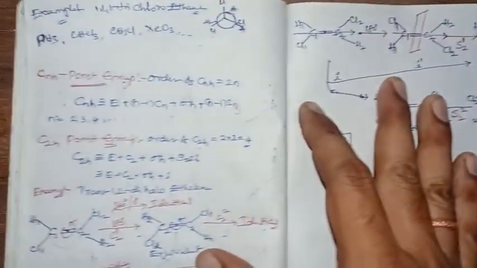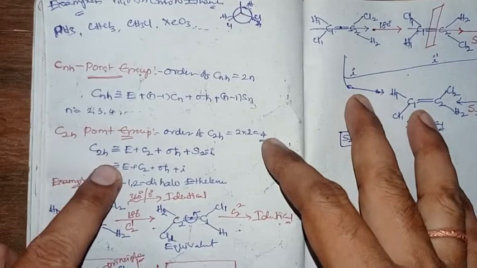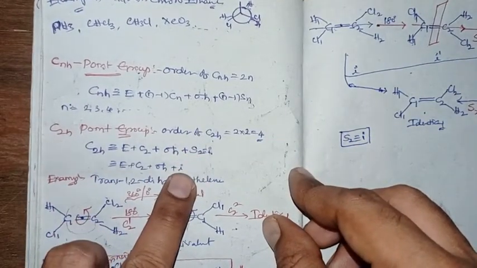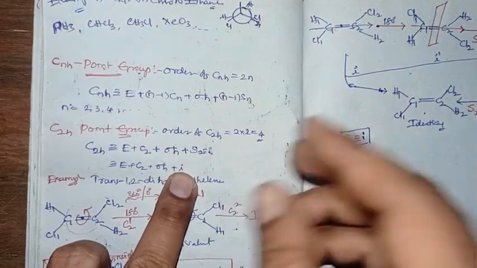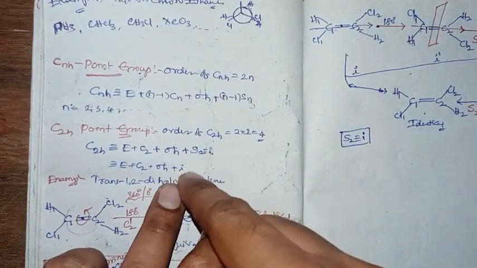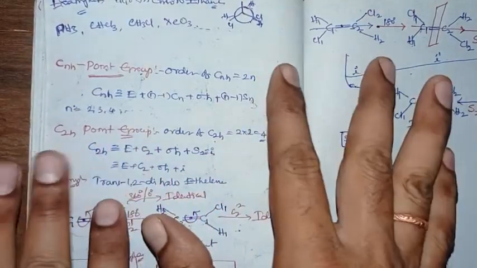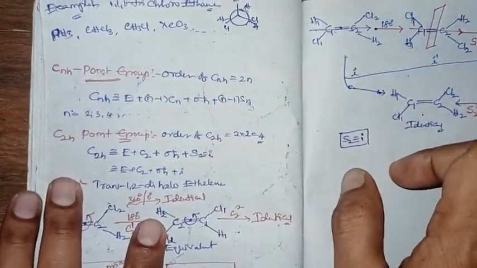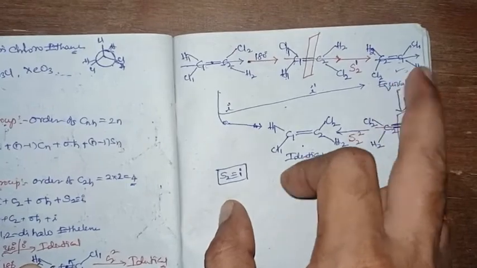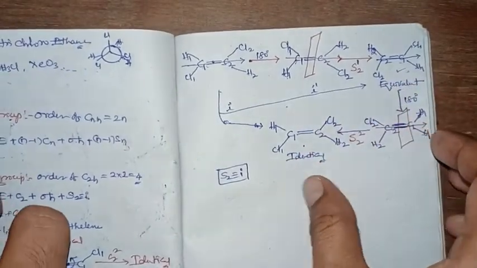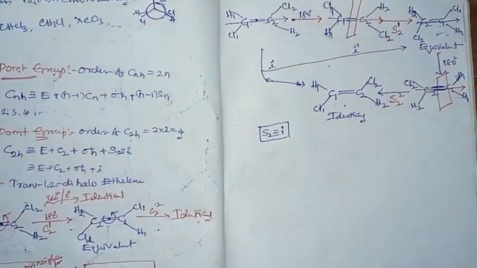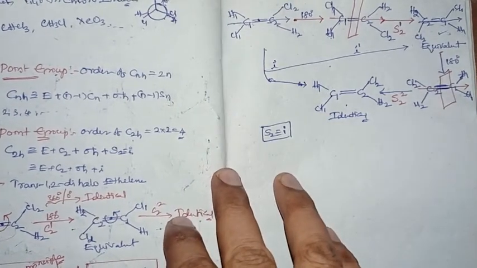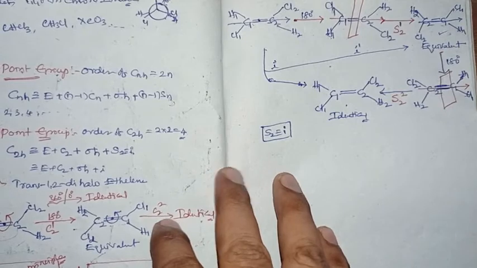So for this C2h point group, you may add the second fold improper axis, or you can go with the inversion center. Any one element representation is enough, not two elements, right? Because they are generating equivalent configurations, they are one and the same, right? So that's how the C2h point group appears in the trans dichloroethylene molecule, right?